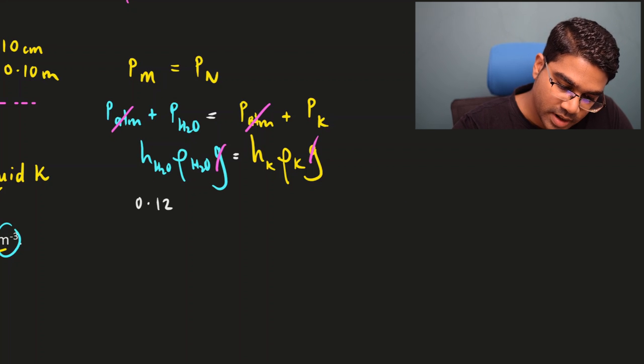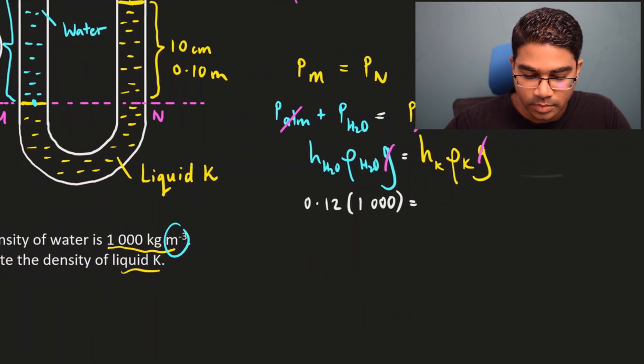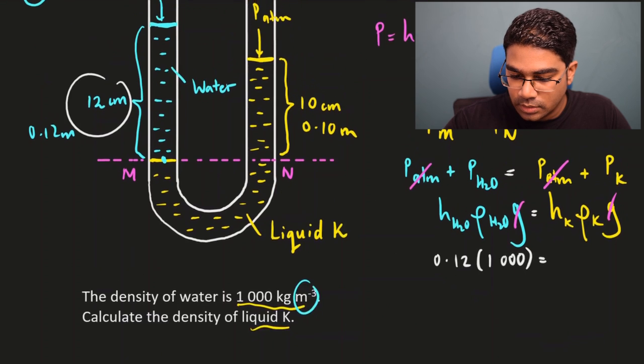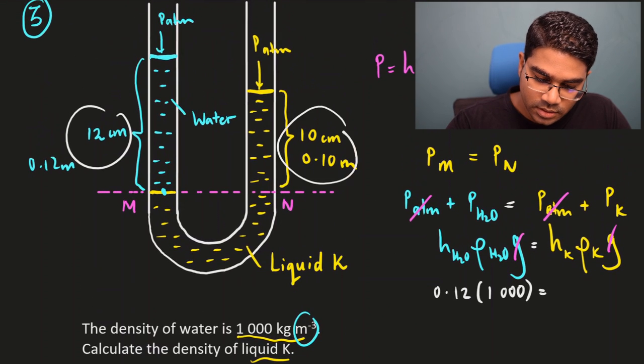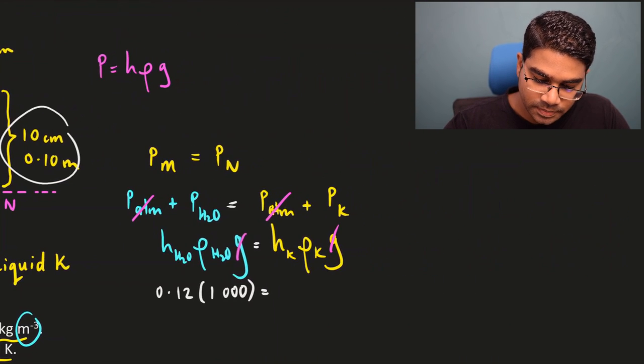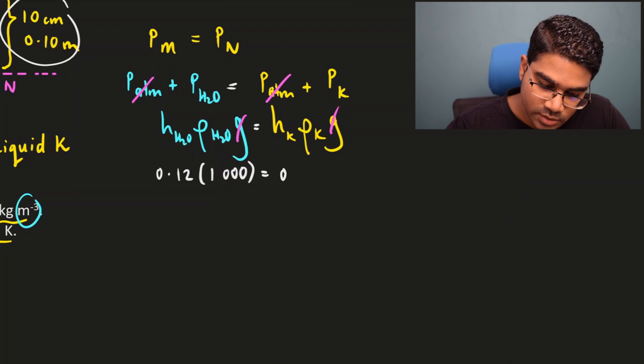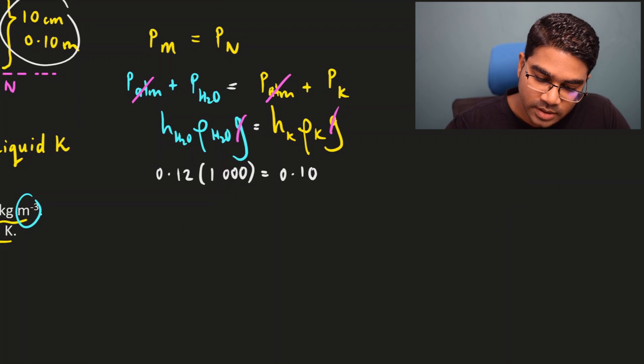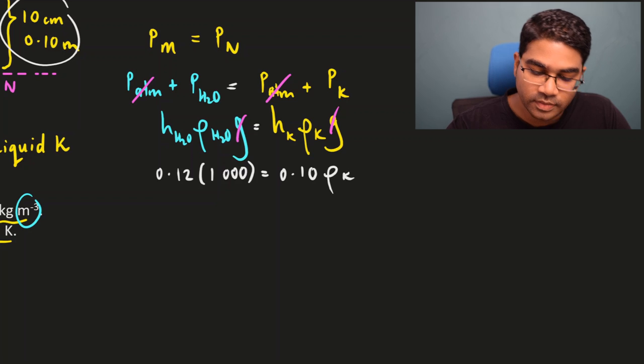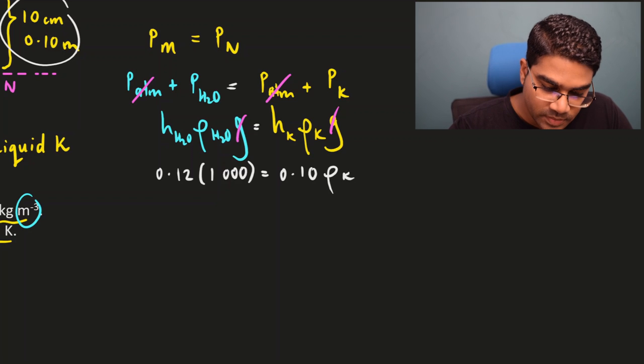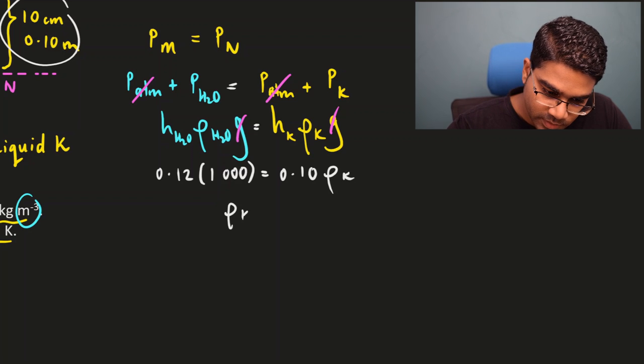0.12 multiplied by the density of water, which is given as 1000 kilograms per meter cube, equals the height of K, which is of course 0.10 meters, multiplied by the density of K. So now we can just rearrange and make density the subject of the equation.